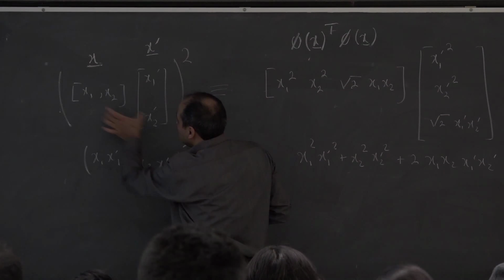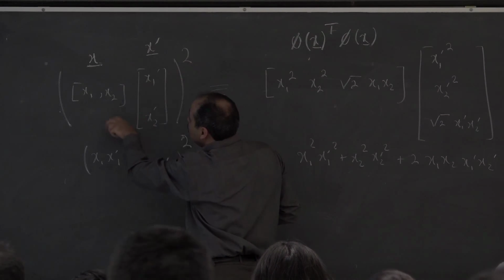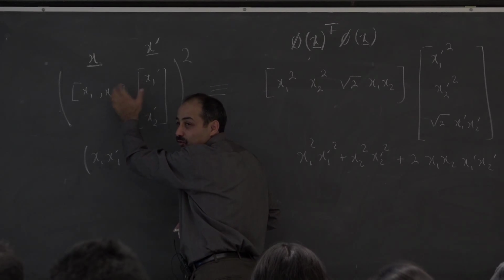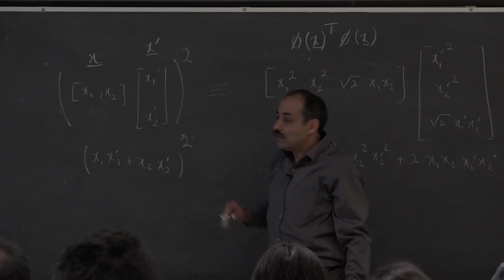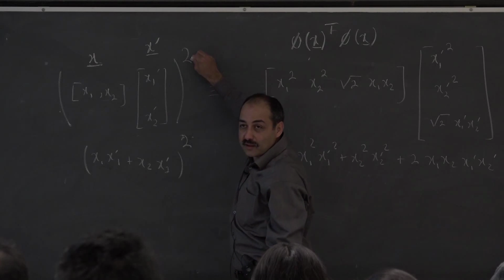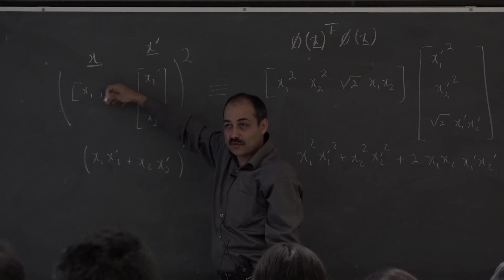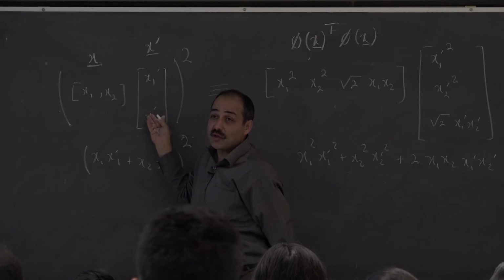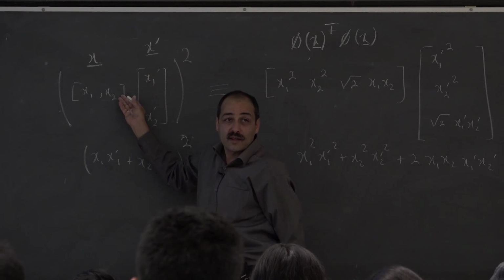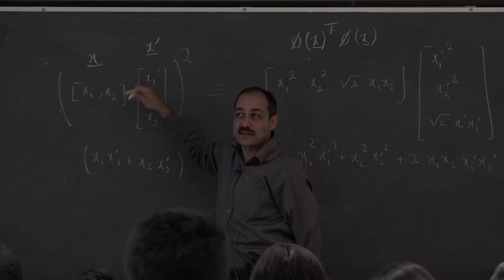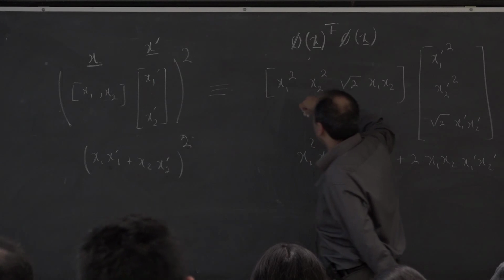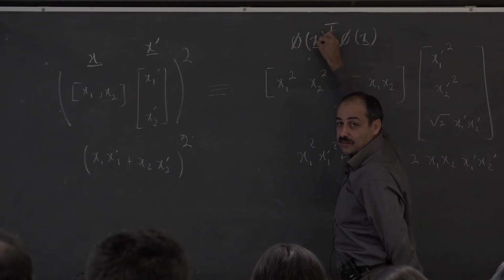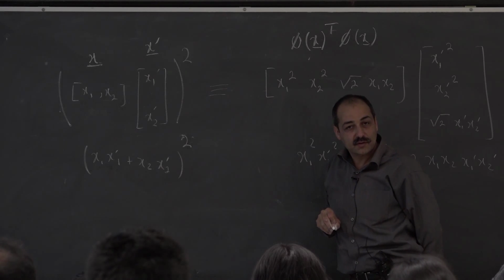But this inner product squared is a function in the original space. I don't map them to higher dimensional space. I don't use any phi. There is a function, an inner product of the two vectors and a square. There is this function in the original space that when I apply it, it's as if I mapped them through phi to higher dimensional space, and then computed the inner product.